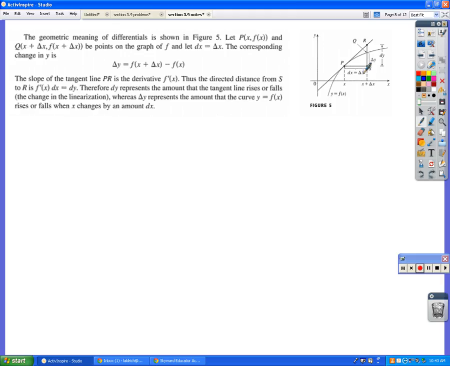That would give you the average rate of change. If we want to do the derivative instead, notice that again for values very close to the point P, dy is close to the change in y. And that's a much easier thing to do than to do the average rate of change.